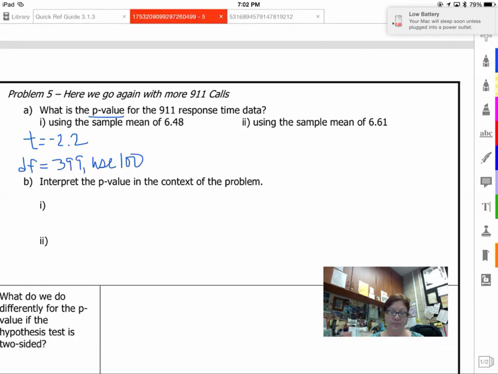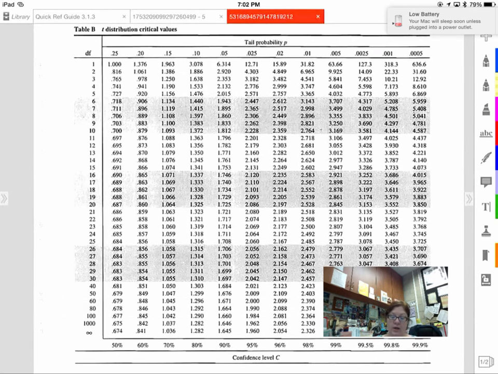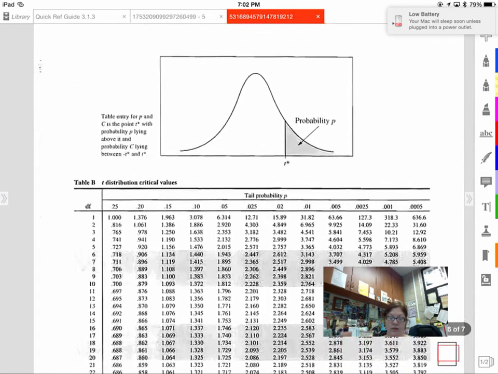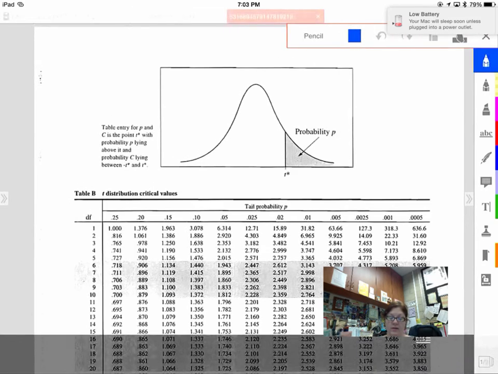So when I look at the 100 row, now here's what you need to notice is that, remember, this table reads from the right, which means that my test statistic would be positive if it were on the right. And just like on a normal bell, it's symmetric.